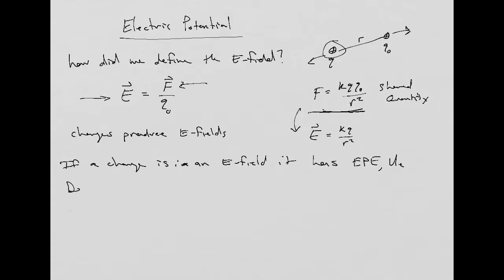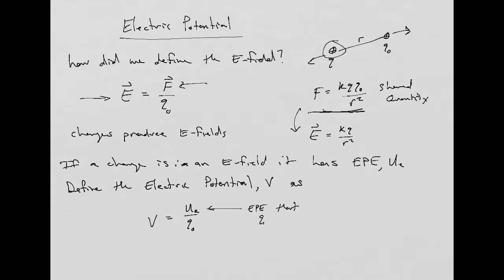We're going to define the electric potential. It's not potential energy, it's electric potential, and we're calling it V. And we're going to define it this way. We're going to say V is U over Q naught, where U, or UE as we've been calling it, is the electric potential energy that Q naught has at a particular point.